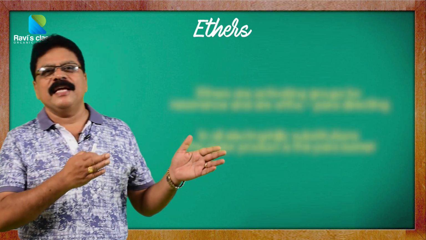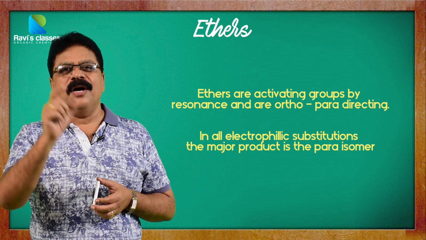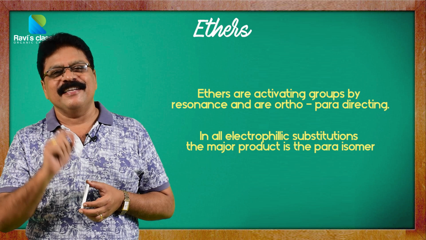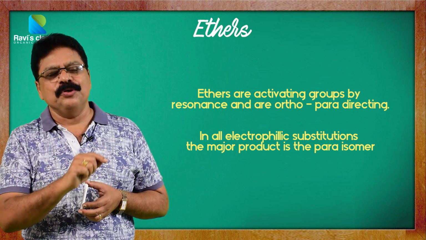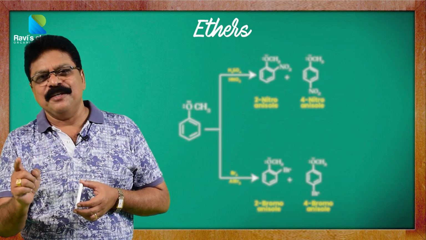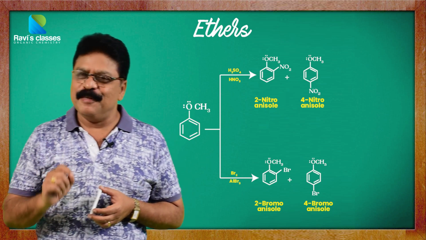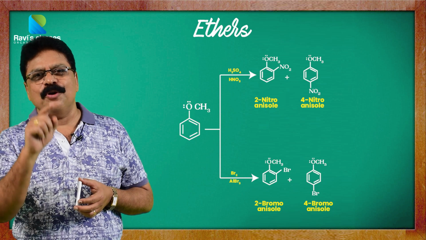Now when you talk about aromatic ethers, in an aromatic ether the benzene has an OR group. We know that OR groups are activating groups by resonance, which makes the ortho and para positions negative. So in the case of aromatic ethers, it is an activating group, and therefore electrophilic substitution reactions take place very fast, and the main points where the reaction takes place are either ortho or para.